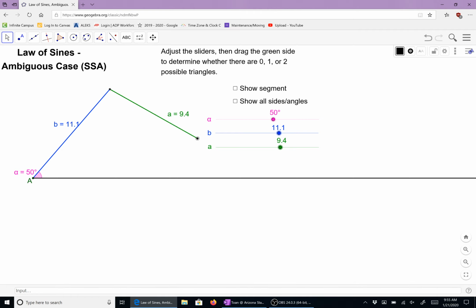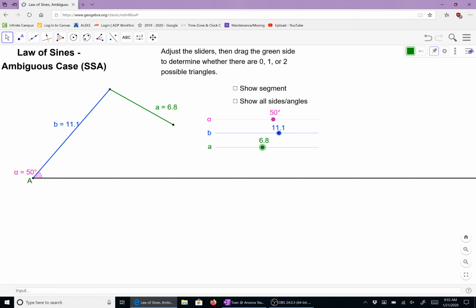Now, depending on the length of side A, notice I could have this triangle here in this instance, or I could have this triangle here in this instance. But of course, side A could be a particular length such that I could have this triangle here and no other triangles. So that's just my only triangle.